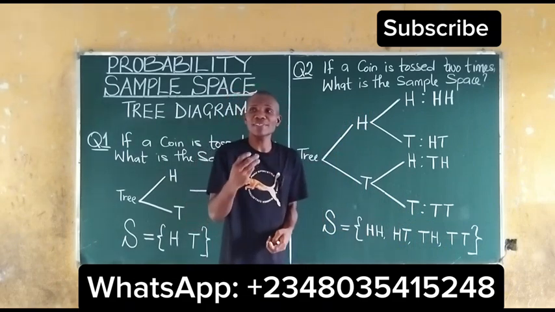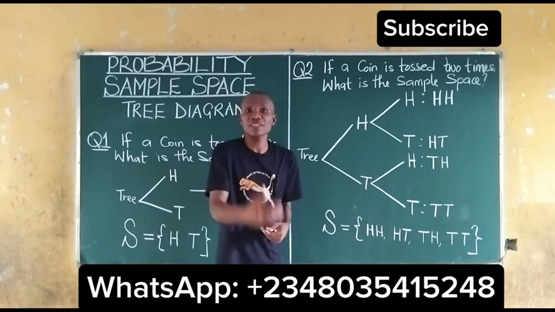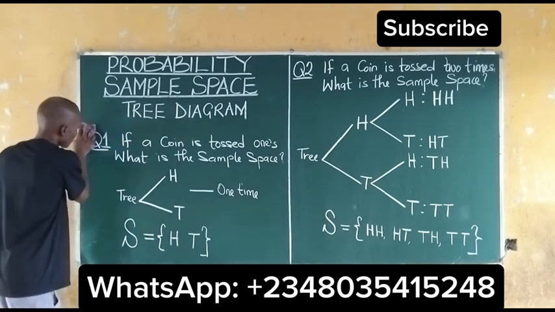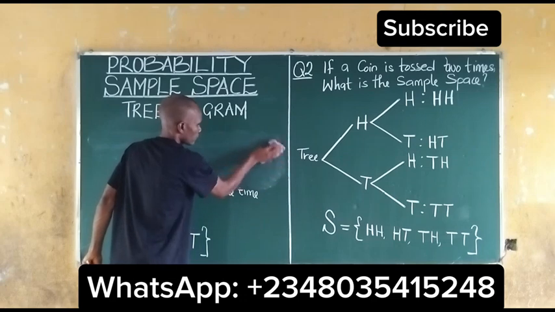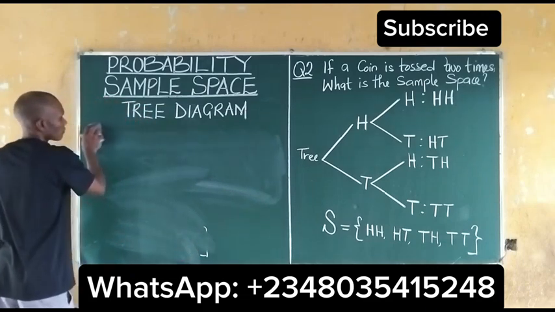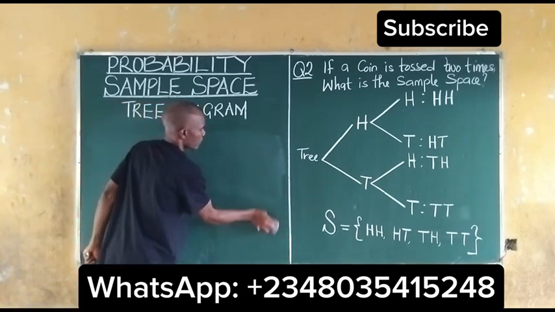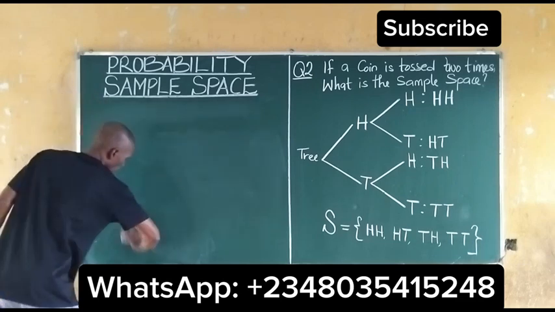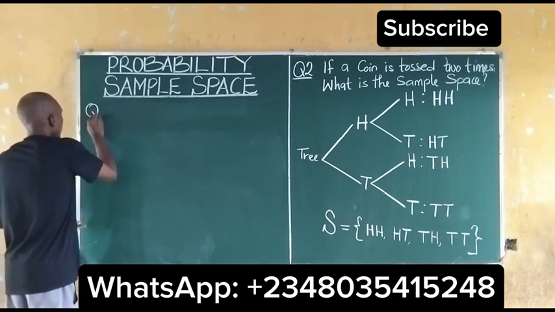What if we toss a coin three times? How can we now draw the tree diagram for a coin that is tossed three times? So we move over to this side of the board to do that. Example 3.